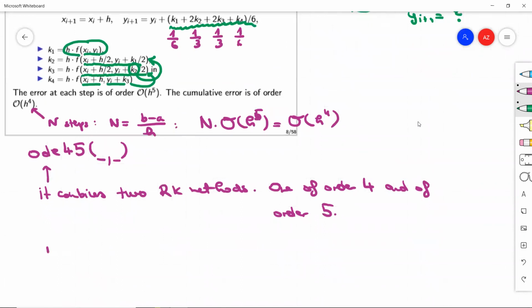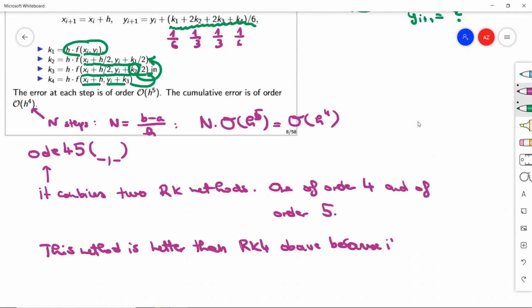Because this method is better than Runge-Kutta method 4 above, because it adaptively changes the step size.